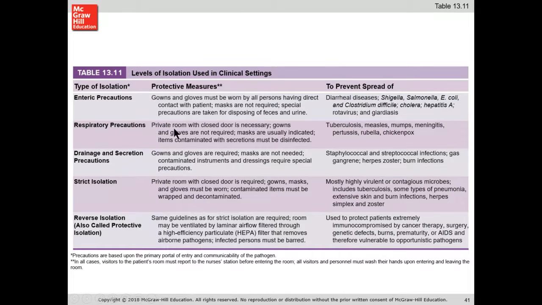Respiratory precautions, and they do this a lot with COVID, mean having a private room with a closed door. We used to say that gowns and gloves were not required because it's a respiratory infection, but now with COVID, of course, they are using gowns and gloves because they did not know how easily it could be transferred. They knew at the beginning it was more contagious than usual.